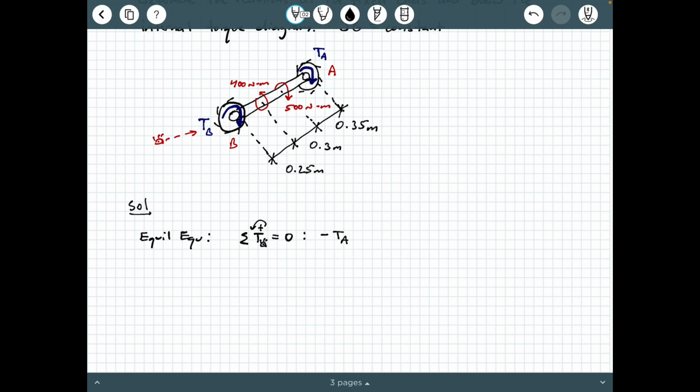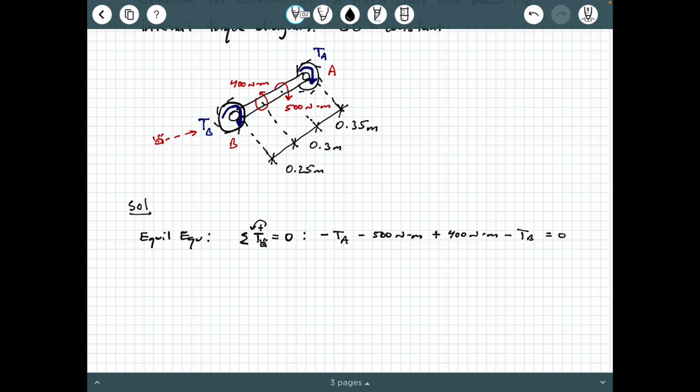And then in front of that, I see minus 500 Newton meters, and then in front of that, I see plus 400 Newton meters, and then at B, I see a minus TB equals 0, okay?